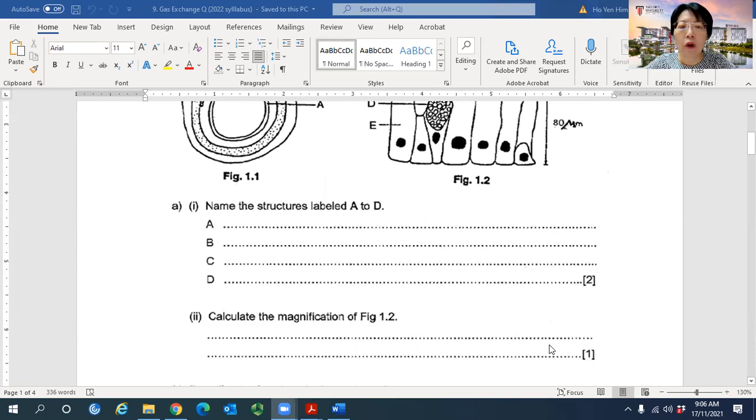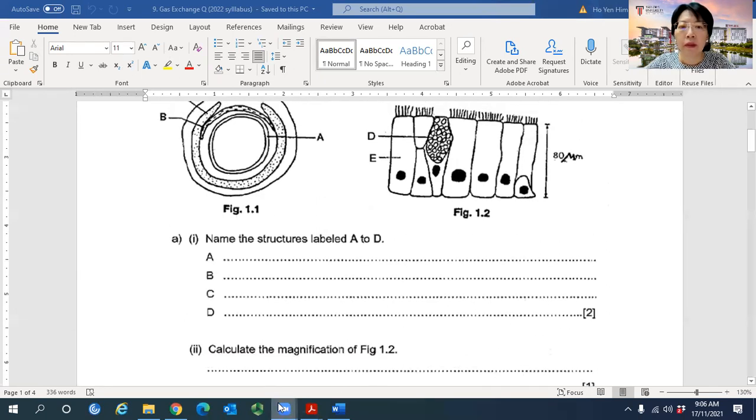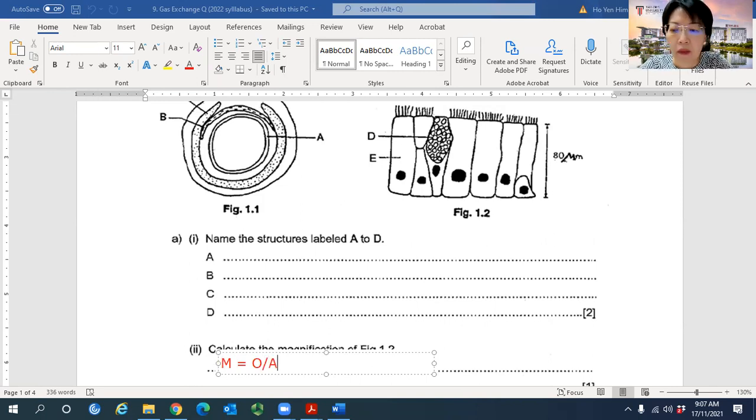So what I'm looking for is your calculation and conversion of the units must be there. Therefore magnification M is equals to O over A. Okay, O over A. So O is the object.